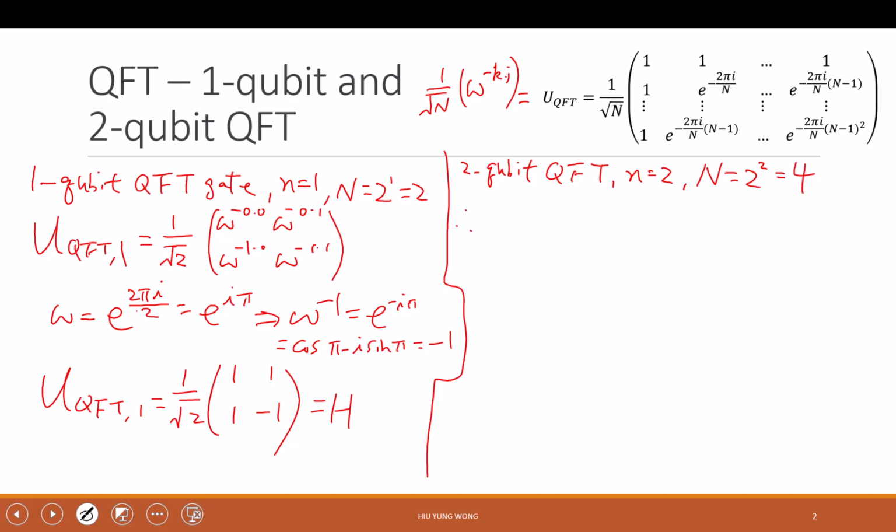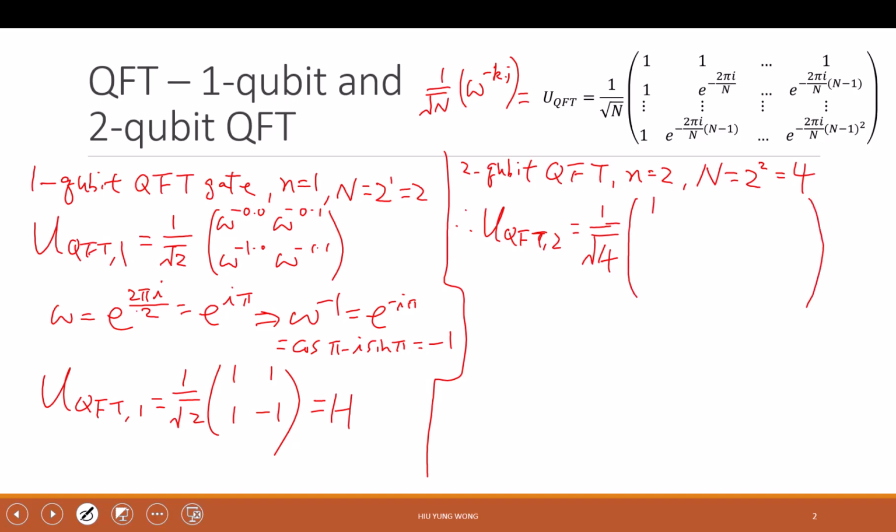Well, we just use the equation. The quantum Fourier transform for 2 qubits turns out to be 1 over square root what, based on the equation here? 4. And what are the entries? I will give them to you directly.